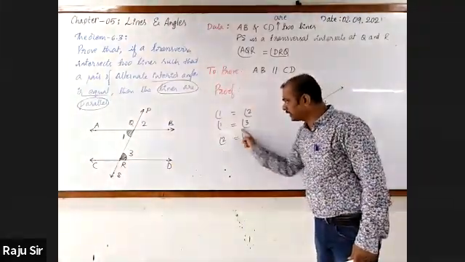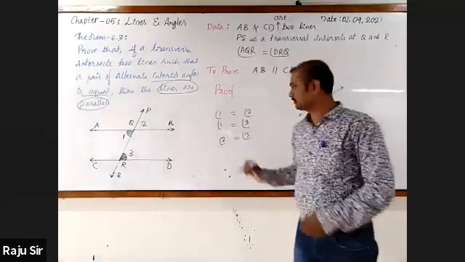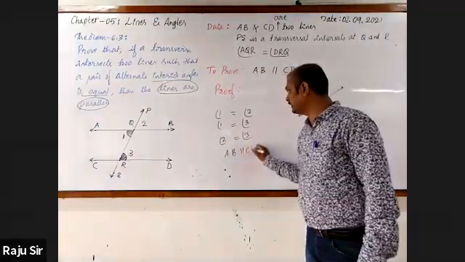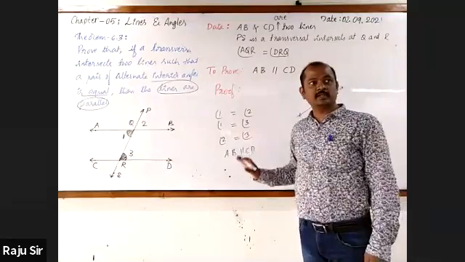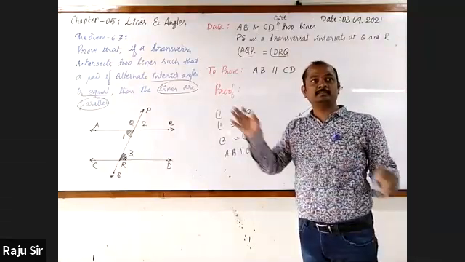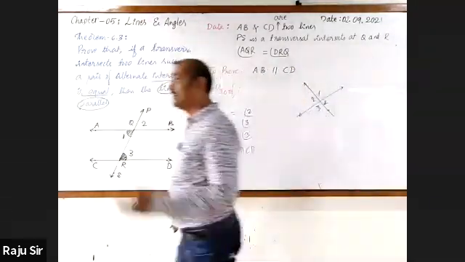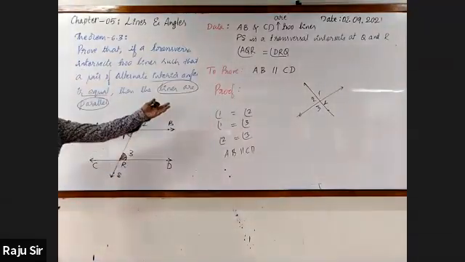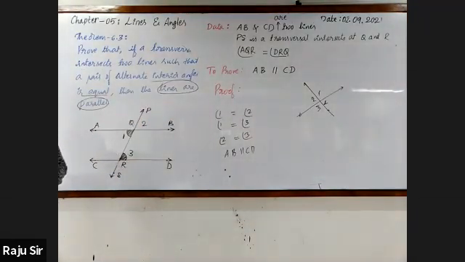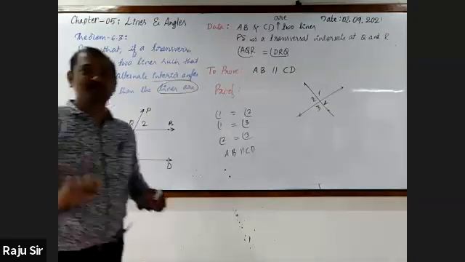If the corresponding angles are equal, now AB parallel to CD, is it acceptable? Okay. Now we go for the line. You write like this only? Even proof.